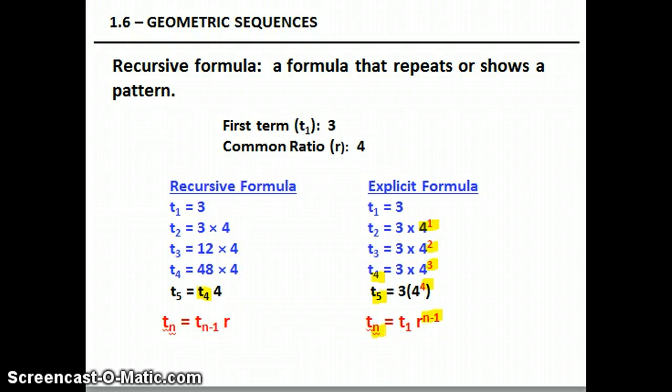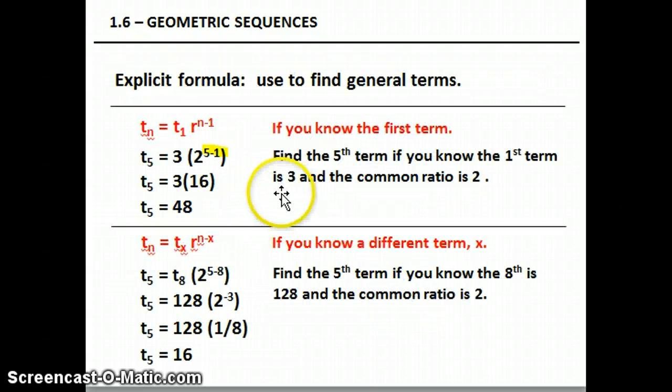Okay, now let's look at them. We mostly use the explicit formula. There's one for if we know the first term, and then there's one for if we know a different term, which we will call x. Here we have, let's say we want to find the fifth term, so that means we're going to find T sub 5. And we know the first term is going to be 3, and the common ratio is 2.